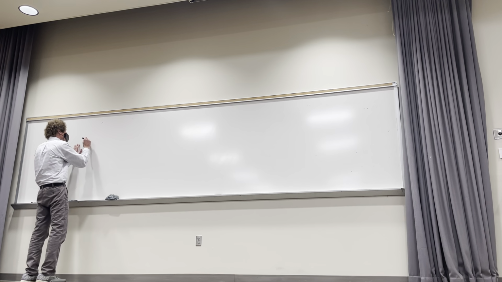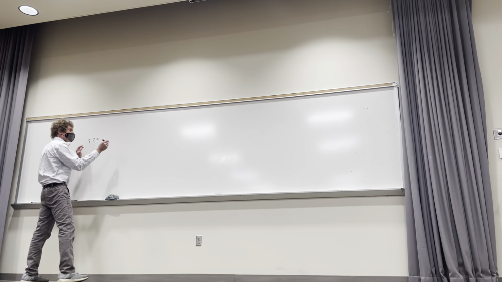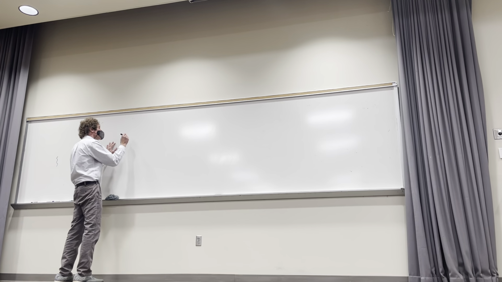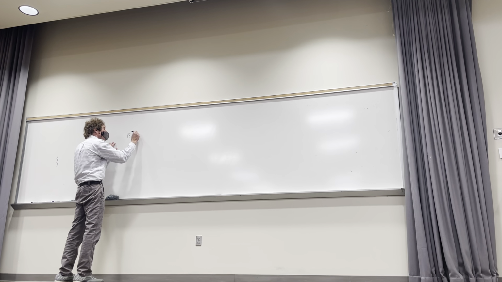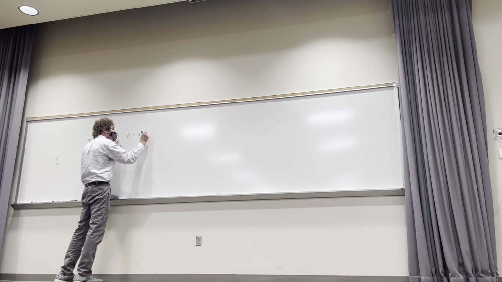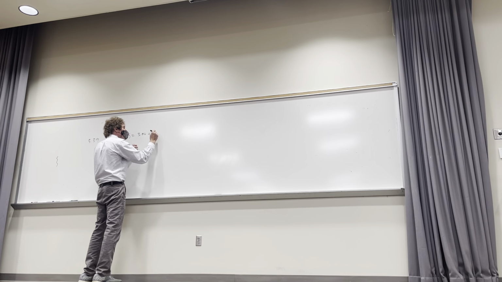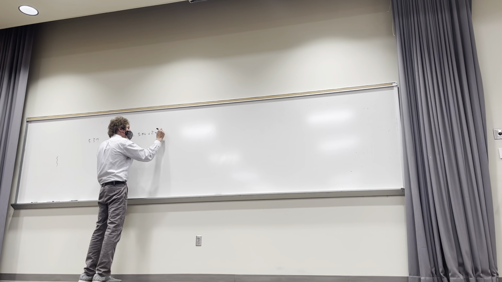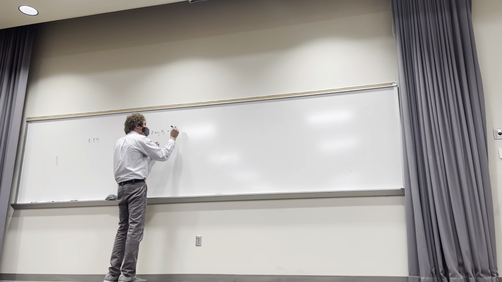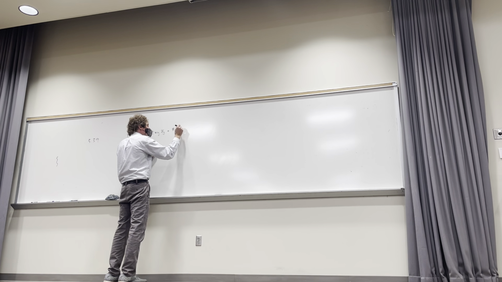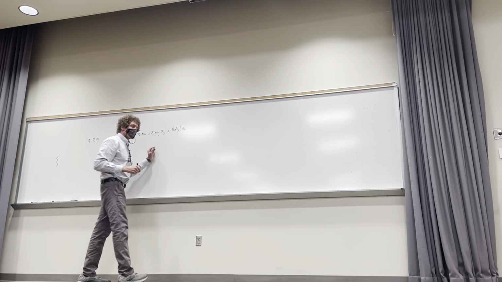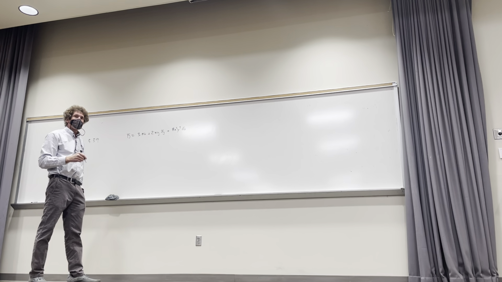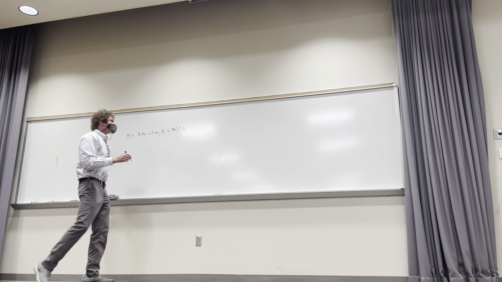Problem 3.39: given D equals 3a_x plus 2xy a_y plus 8x squared y cubed a_z, in coulombs per meter squared.